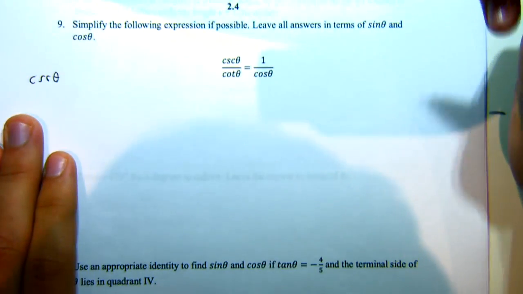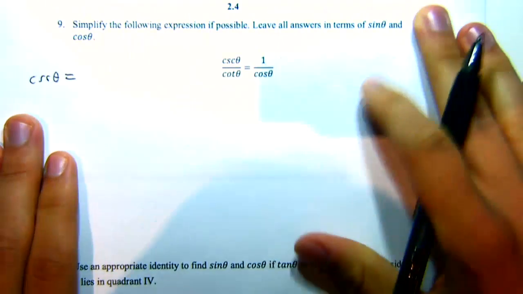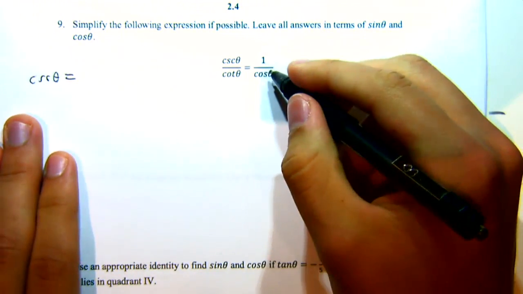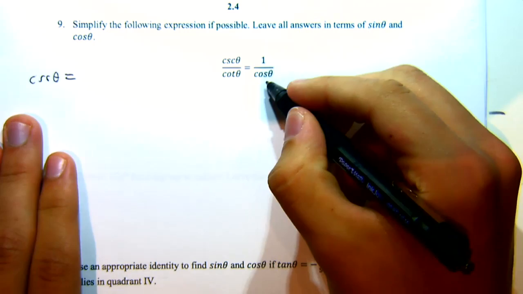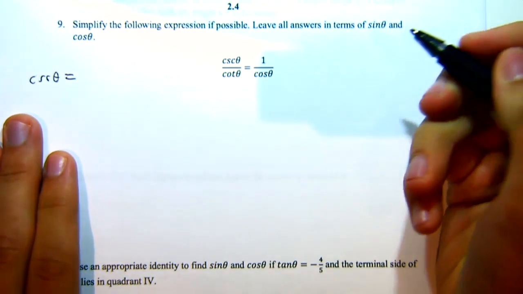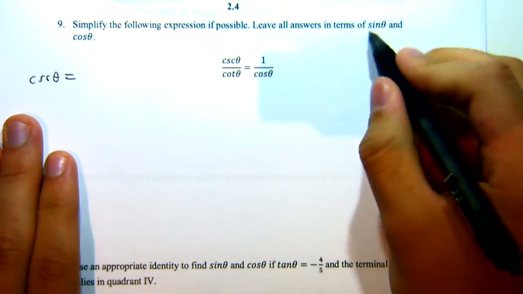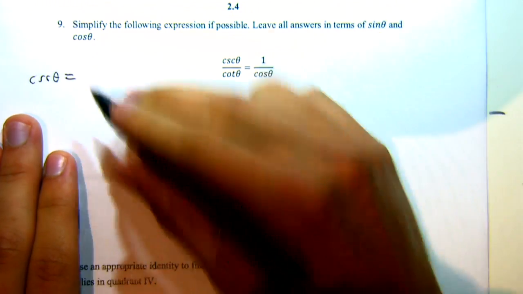We want to get everything in terms of sine theta and cosine theta, since that's what the question asks. So cosecant theta is just 1 over sine theta. And we know cotangent theta is cosine theta over sine theta.